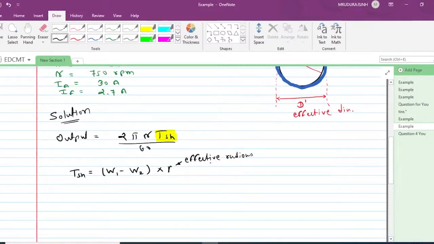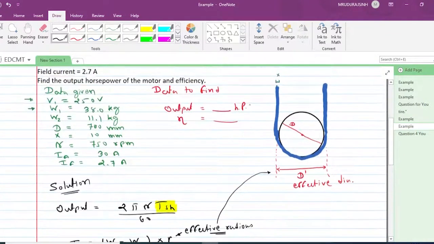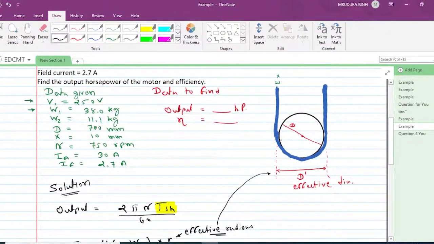To calculate the effective radius, we need to use the effective diameter. And how do we get this effective diameter? We need to add something. This is the diameter, and the effective diameter adds half of the belt thickness on each side.